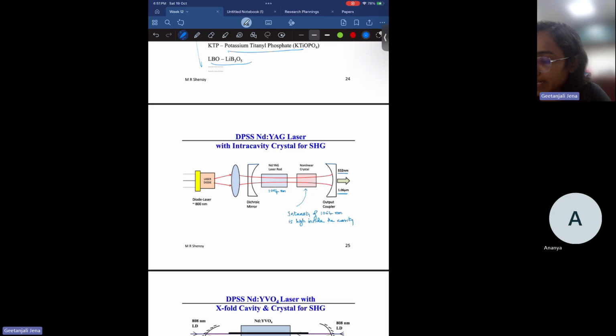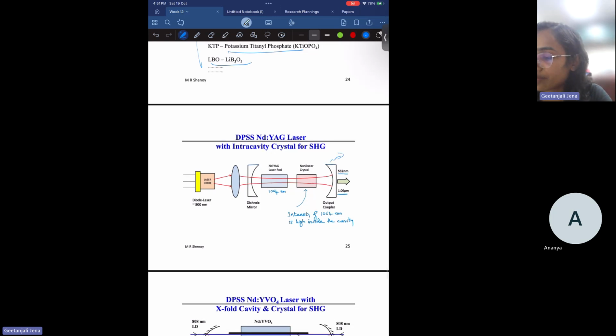To see the nonlinear effect, you have to put the nonlinear crystal inside the cavity, because only inside the cavity is the intensity of the laser beam high. If you recall, let's say the mirror is 90 percent reflecting, it is not perfectly reflecting.